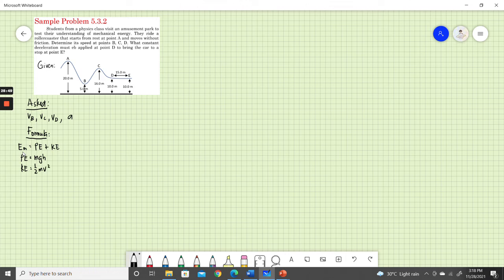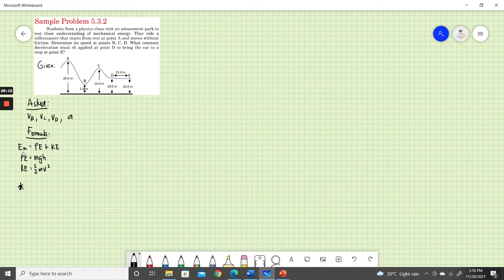Okay, so how are we going to solve this? So, one thing na hindi binigay sa atin dito is yung M, yung mass ng roller coaster. The same also, that mass should include yung mass ng mga tao na nandun sa roller coaster.